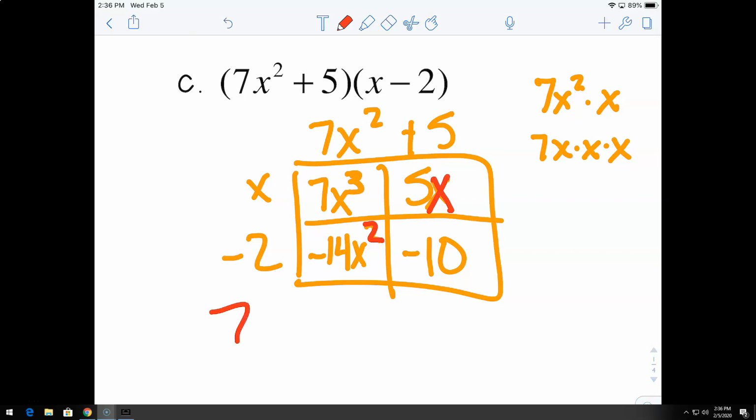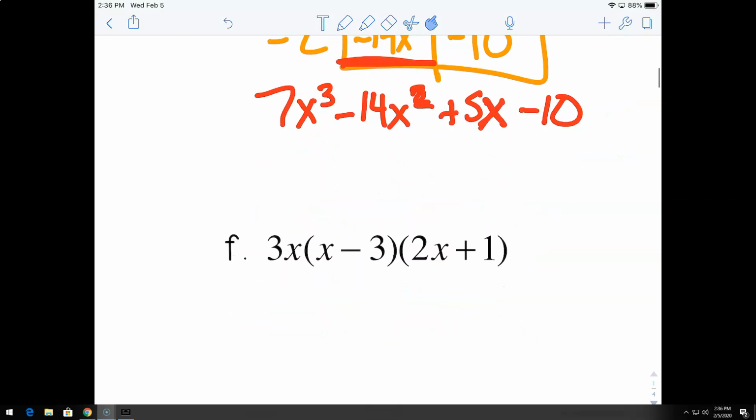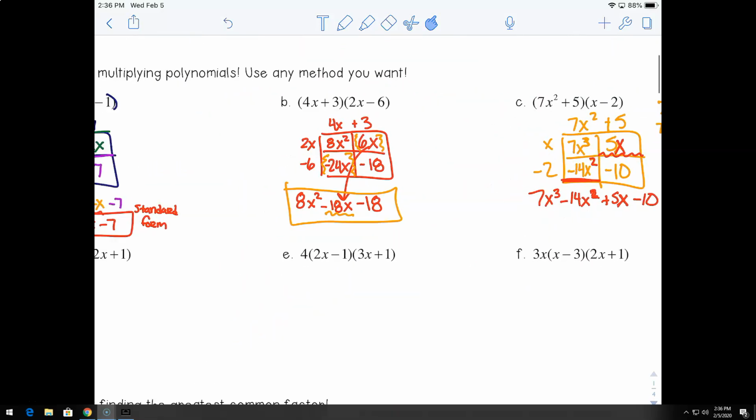So I'm going to go rewrite all of these. 7x cubed minus 14x squared plus 5x minus 10. This one has to go before that one because the 2 is larger than nothing there. Okay.